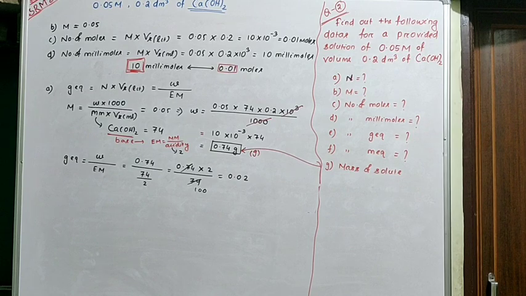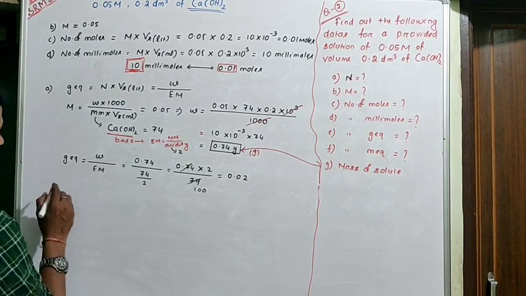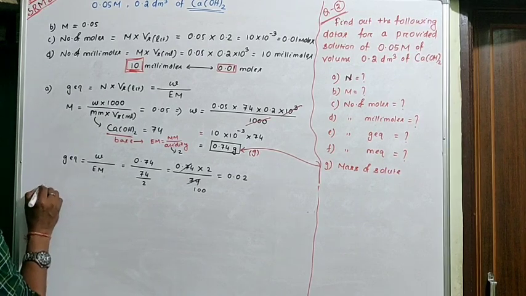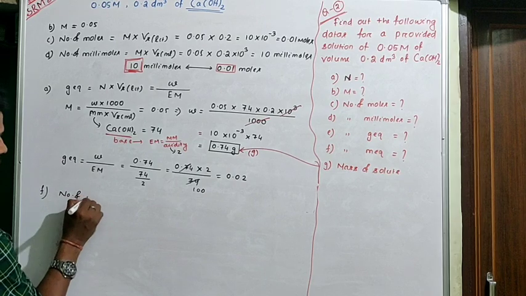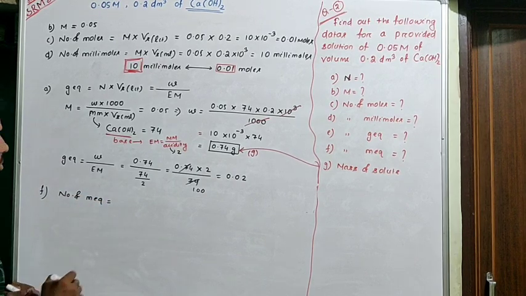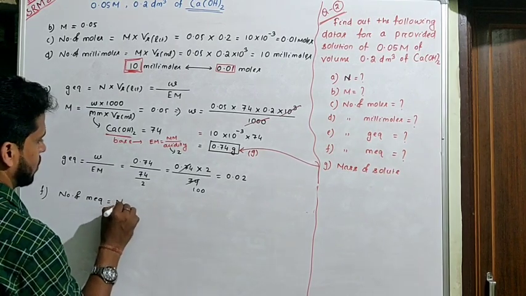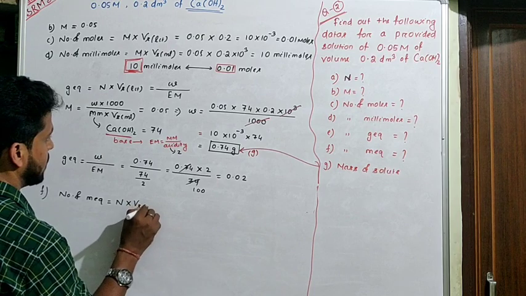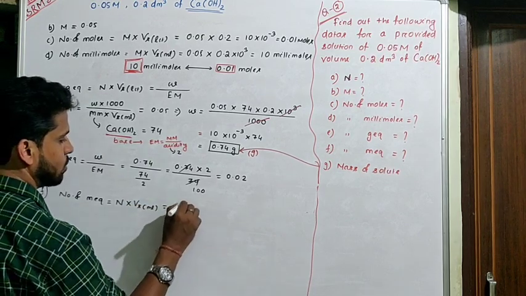Right? 0.02 gram equivalents. So the last one is F, the number of milliequivalents. The number of milliequivalents is nothing but normality into Vs milliliter, or it can also be 10 to the power 3 into the number of gram equivalents.